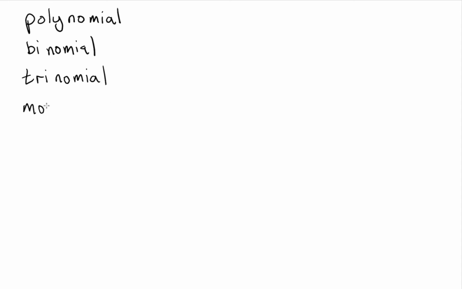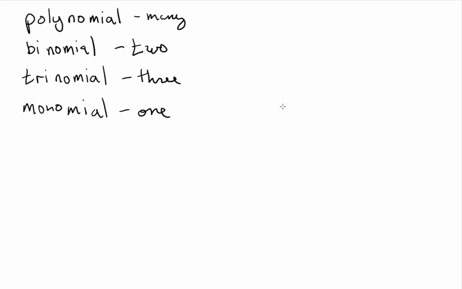And then a monomial, mono meaning one, and that's just a single term in an expression. So those are some words. This is many. This is 2, this is 3, this is 1. So you can write those down pretty quickly before we move on to graphing linear equations. Pause if you need to.